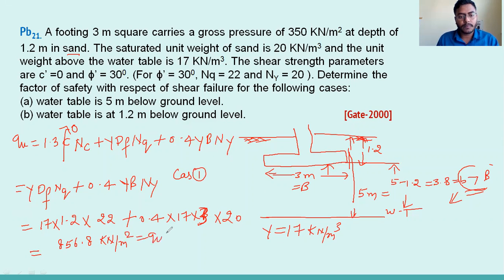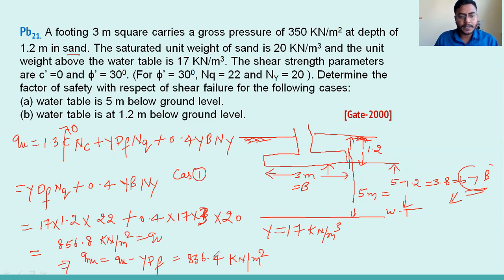This is QU. So we can calculate QNU, that is QU minus gamma DF. So in here gamma is 17, DF 1.2. So we can get 836.4 kilonewton per meter square. Right. So what we have to calculate?